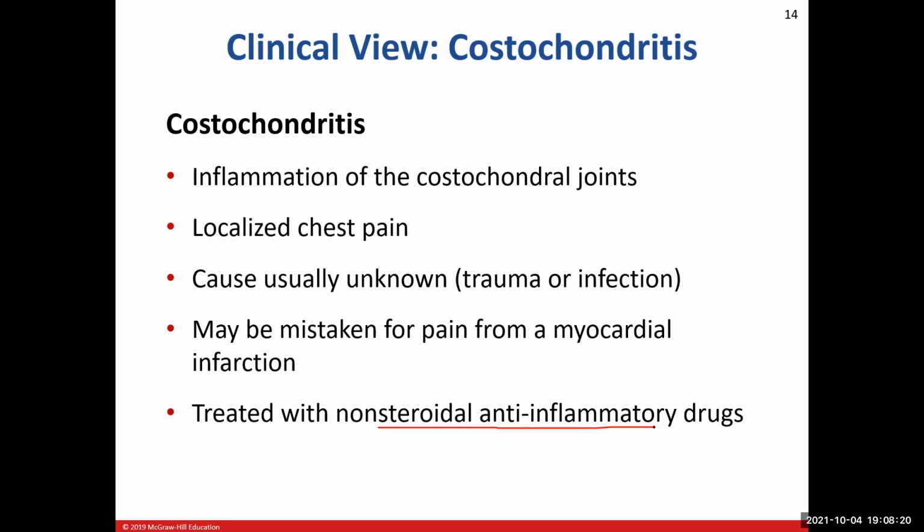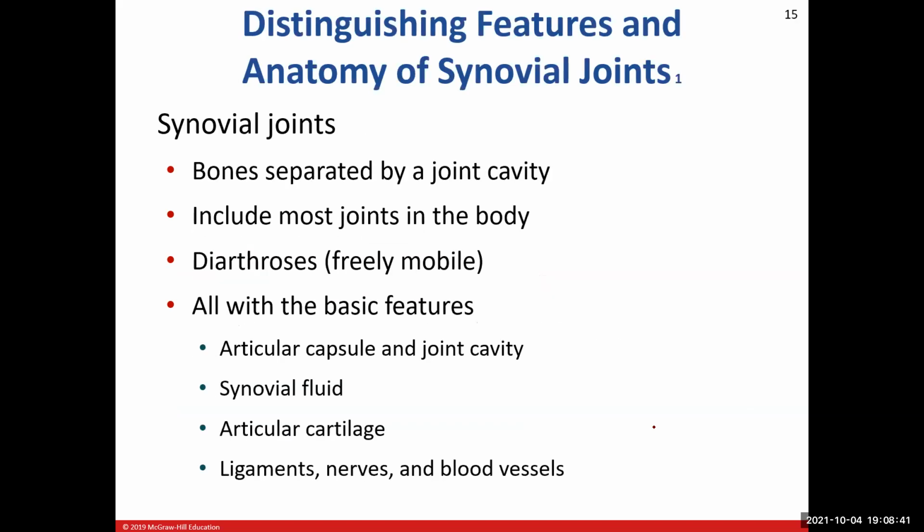It depends on the health history of the patient. If you really want to knock this out hardcore, you give them steroidal anti-inflammatories, glucocorticoids, and you'll knock it out. But depending on their history, non-steroidal anti-inflammatory drugs, or NSAIDs, are good to go.